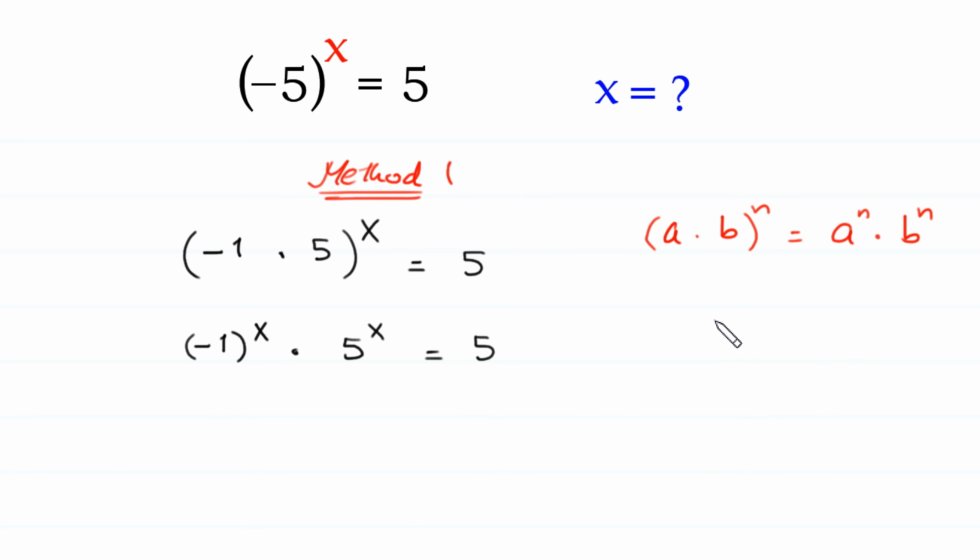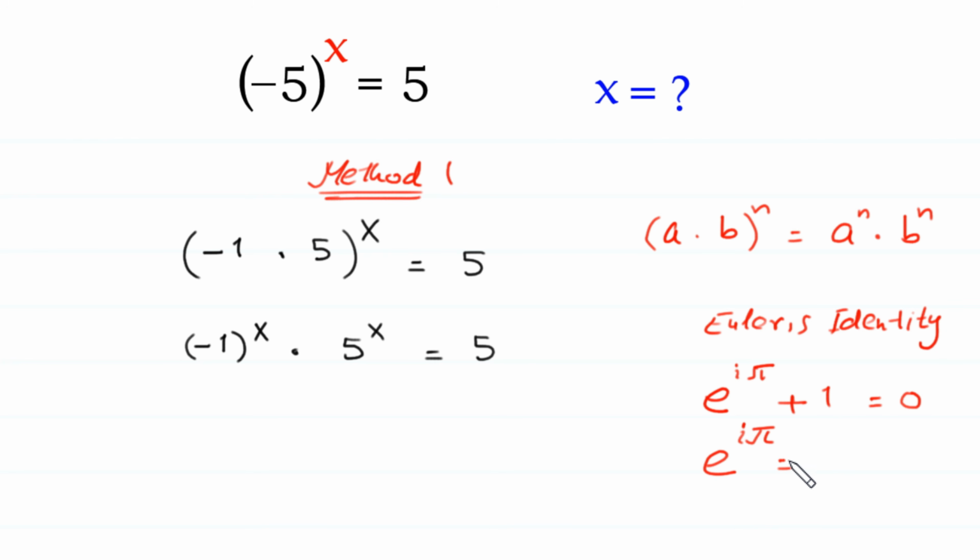Now, according to Euler's identity, that is e to the power i pi plus 1 is equal to 0. From here, if we move this plus 1 to the right side, then it becomes e to the power i pi is equal to negative 1.